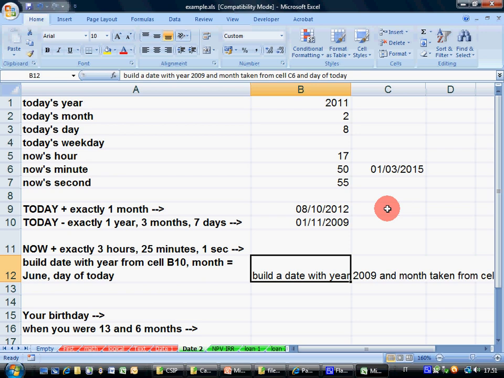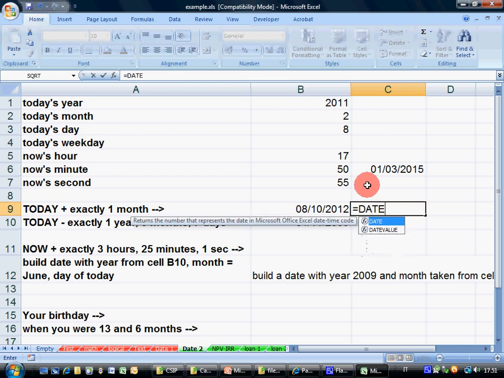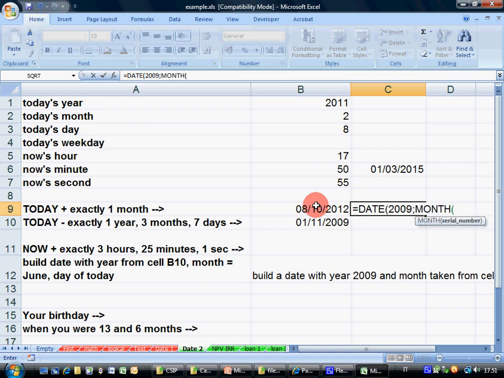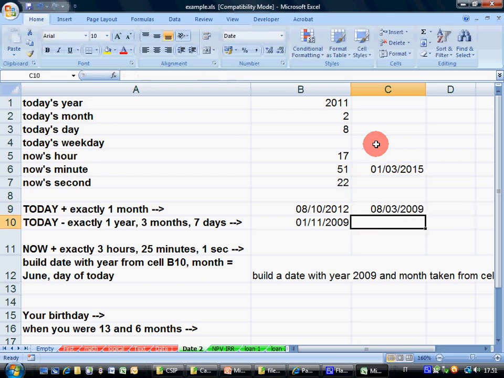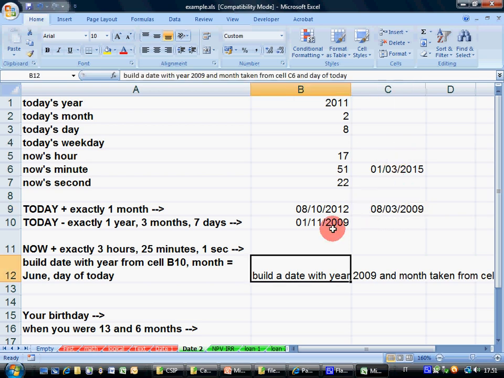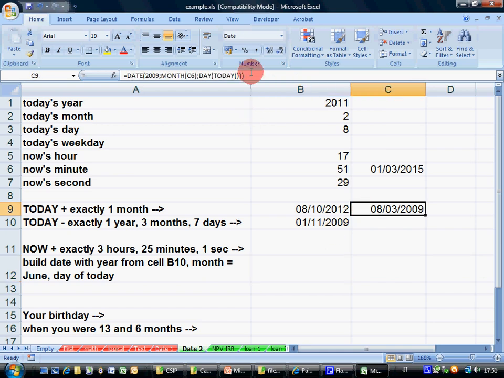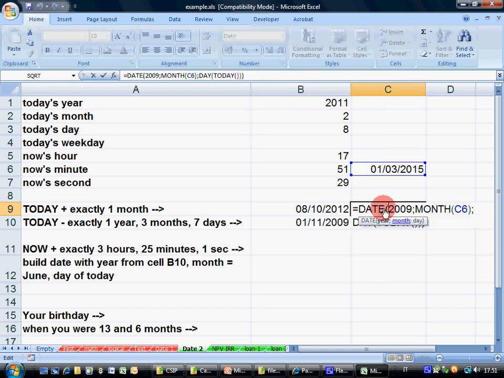So you can see you can really build complex things. Date of year 2009, month taken from that cell, and the day of today, another parenthesis. Okay, year 2009, month taken from this cell, and day of today. So you can really do complex things without any problem.